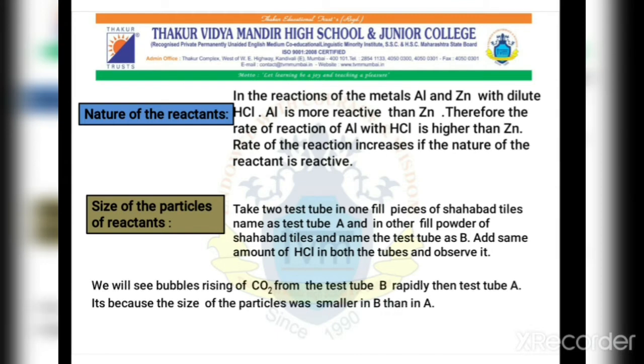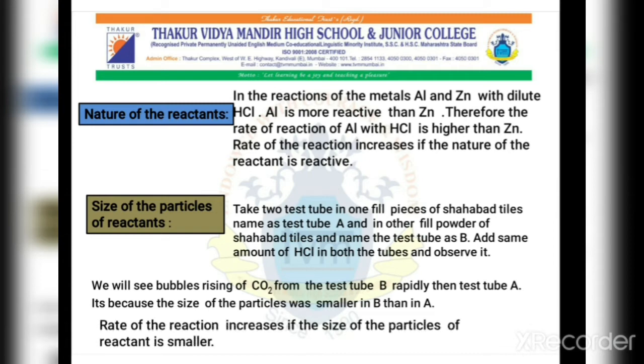We will see the bubbles of CO2 rising from test tube B more rapidly than test tube A. It's because the size of the particle was smaller in B than in A. That means the rate of the reaction increases if the size of the particles of the reactant is smaller. So smaller the size of the particle, faster will be the rate of the reaction.